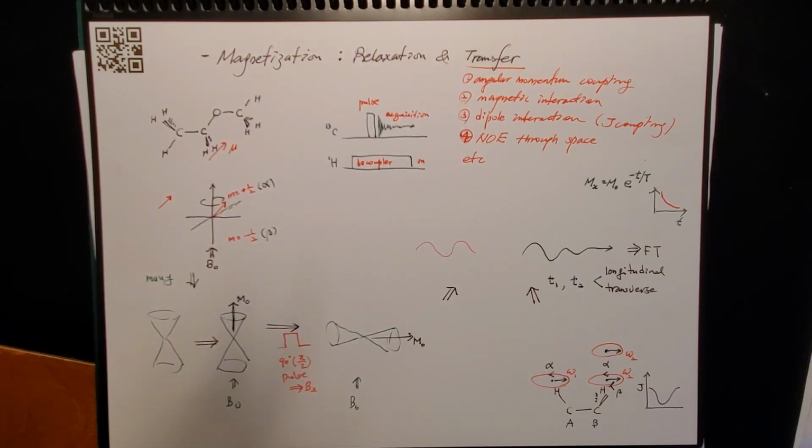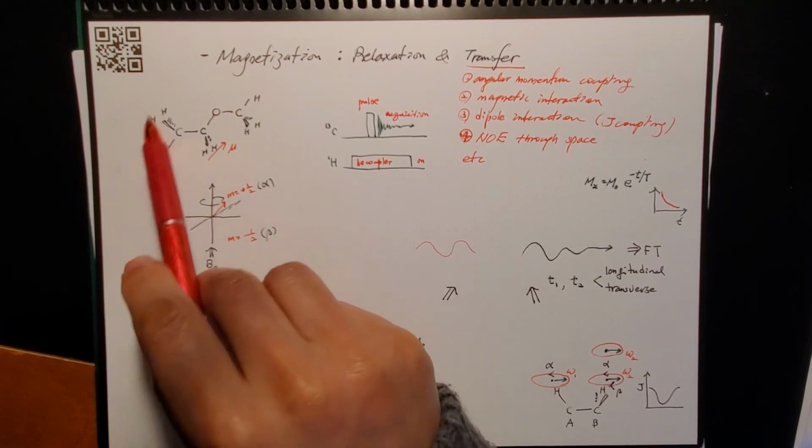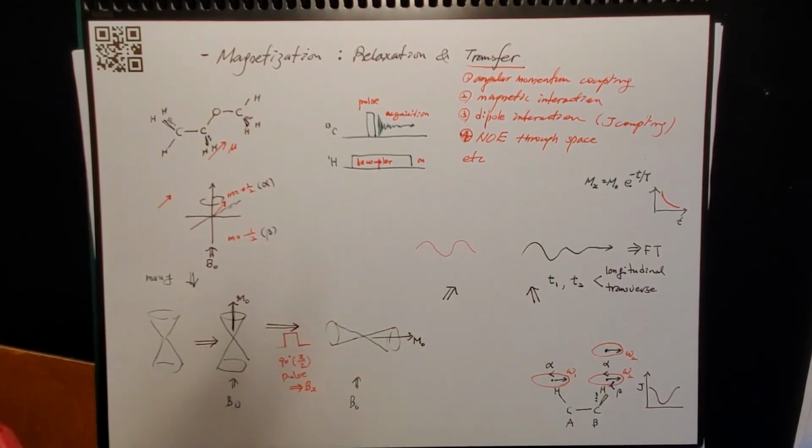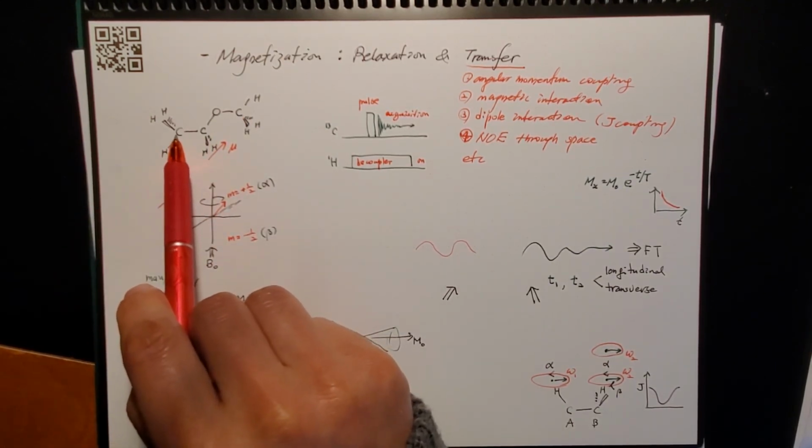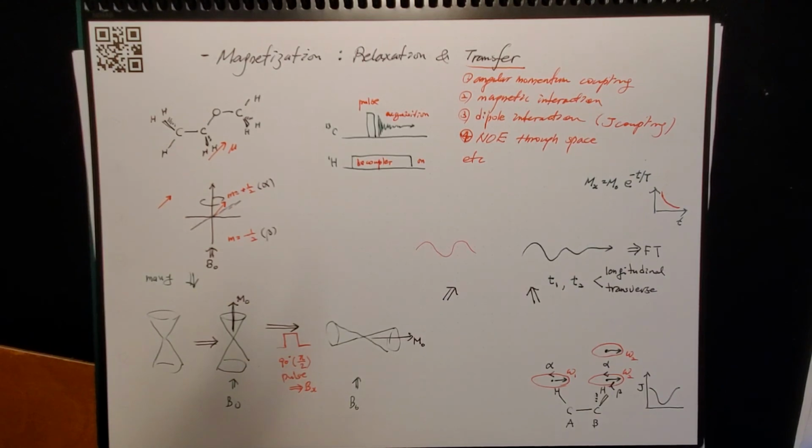Like we discussed before, each of the atoms that are active, the hydrogens and the carbon-13, not all of them, but say this was a carbon-13, then this has a nuclear spin.